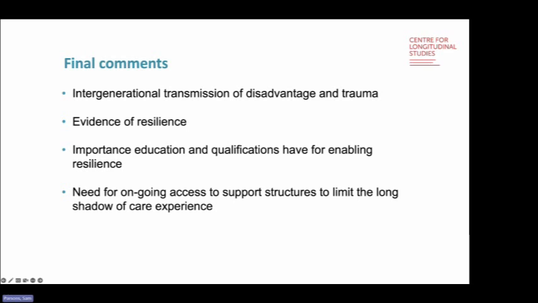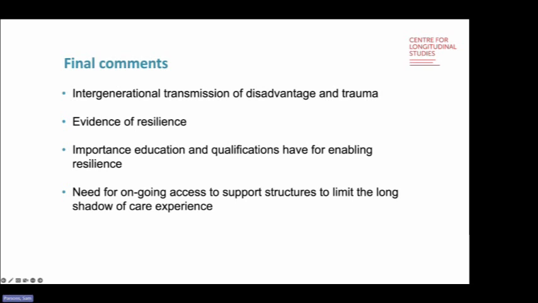So a few final comments. This research has identified different aspects of intergenerational transmission of disadvantage and trauma that occurs in families where the parent had out-of-home care experience, but has importantly found evidence of resilience in their children. It has particularly highlighted the importance education and qualifications have for enabling resilience in outcomes for both care experienced mothers and their children.